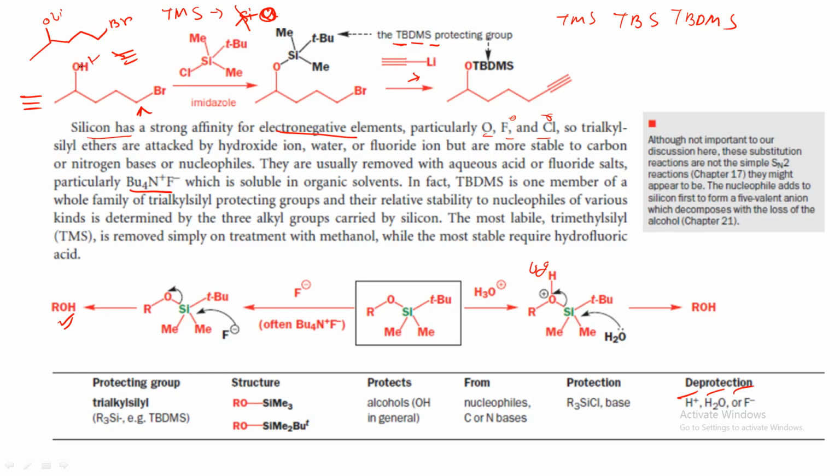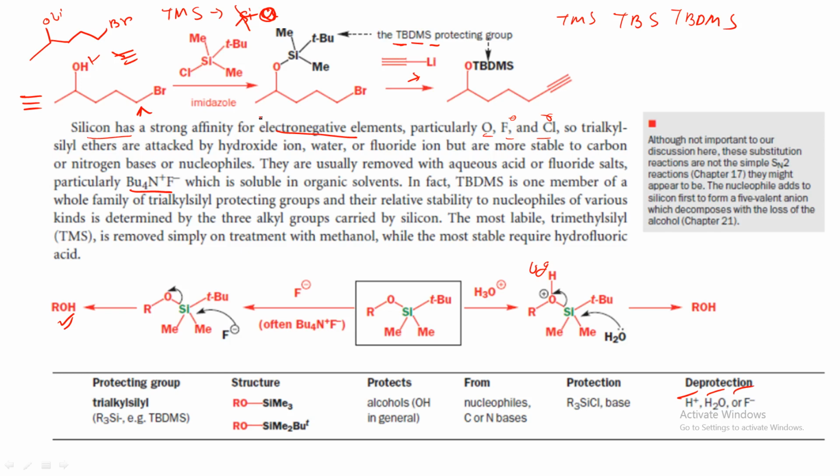With imidazole, it can be easily protected, because this type of silicon molecule has high affinity towards electronegative elements like oxygen, fluoride, and chloride. That's why this kind of protection group is used. They can be made easily because of this tendency to form the oxygen-silicon bond, and they can also be easily broken with fluoride or chloride.